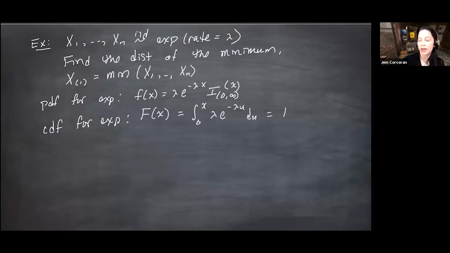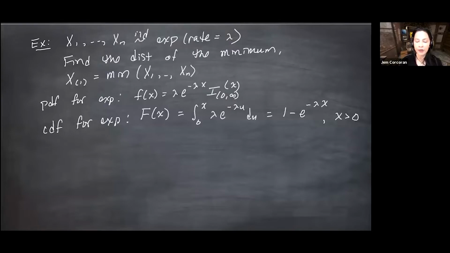And this is 1 minus e to the minus lambda x. And this holds for x greater than 0. And I'm kind of not really into indicators with CDFs, which might surprise you because I'm so into indicators. And the reason I'm not is because they're not always 0 otherwise.